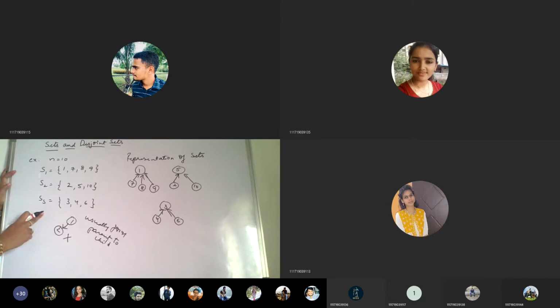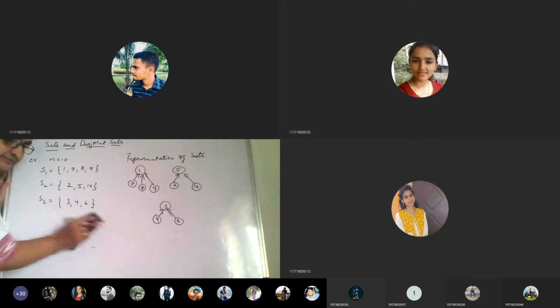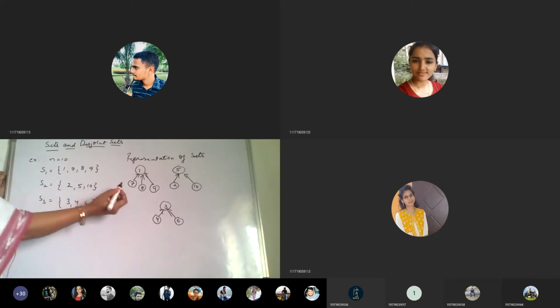So please remember, it's the other way around. In sets, the arrow always points from the child to the parent. Please remember this point, all of you. So it's not the usual representation of a parent pointing towards its children. Instead, the child will be linked to the parent.